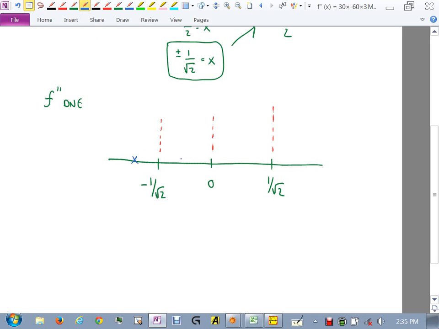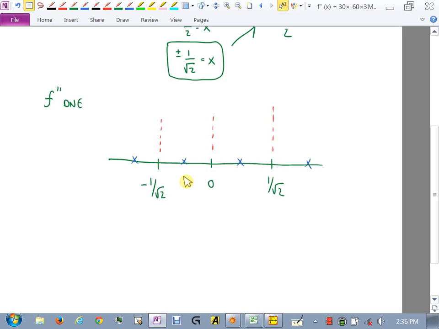And then I pick test points. I need to actually know what the decimal is for this. Root 2 over 2. Negative root 2 over 2. In order for me to pick a number that's far enough to the left, and something in between here.